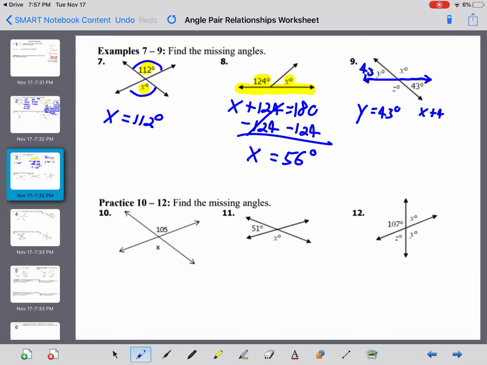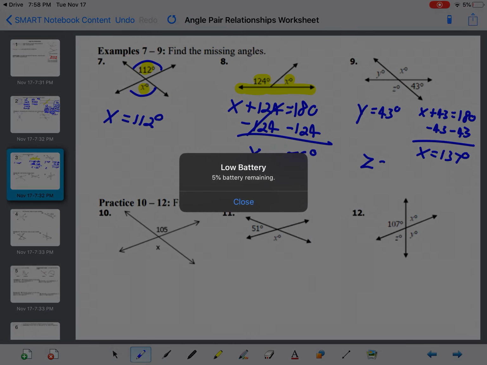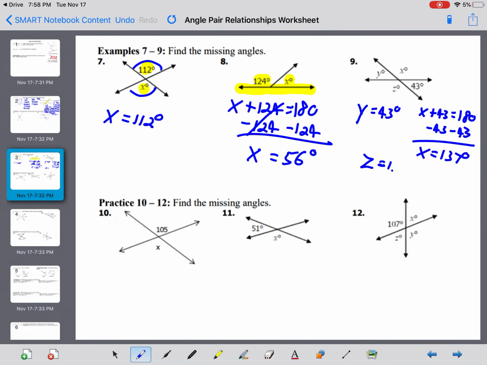So x plus 43 needs to equal 180. Minus 43 on both sides, and you get x equals 137 degrees. Now angle x and angle z are vertical angles, which means they are congruent. So z is equal to 137 degrees.